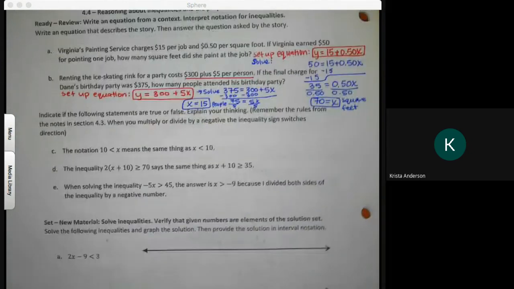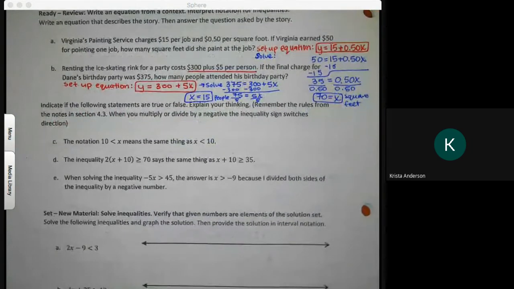All right, next one is true or false. We are going to indicate whether the following statements are true or false. Explain your thinking. So we have to explain why.